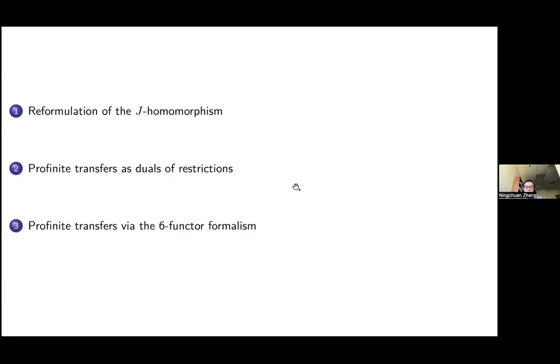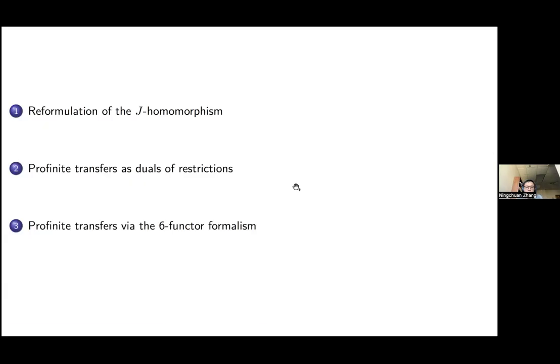In the last section, we are going to give a second definition of profinite transfers using a more functorial approach, namely using the six-functor formalism. And in the end, I will explain how to reconcile the two definitions, and in fact, they are equivalent. So that is my plan for today.